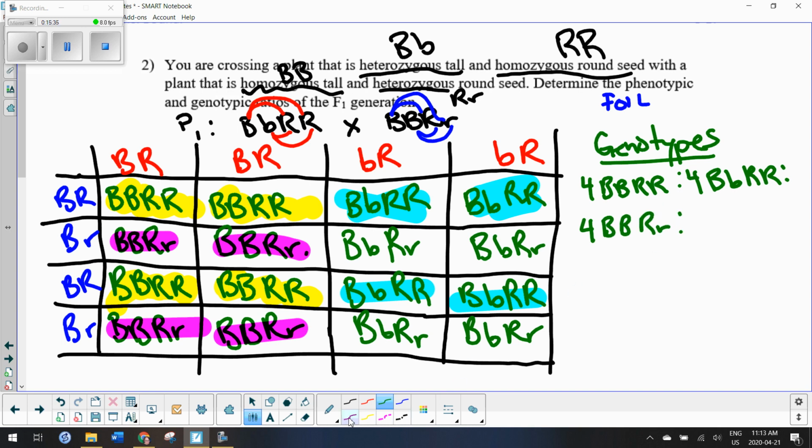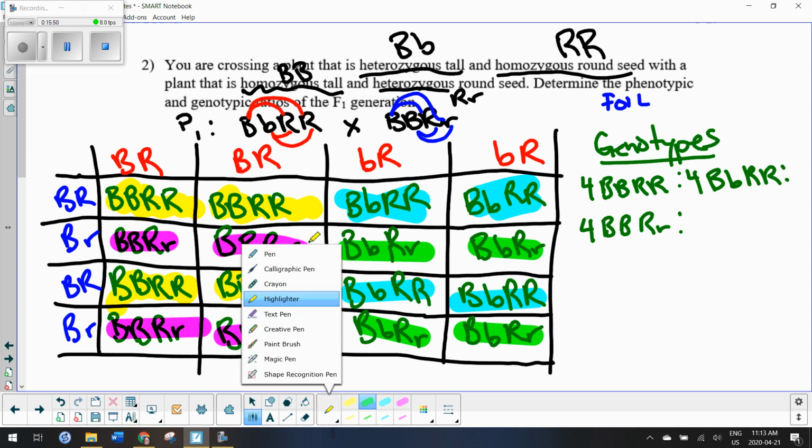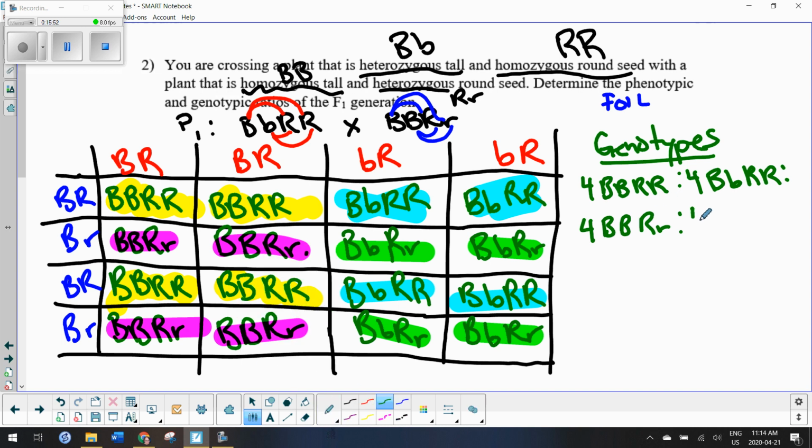And last but not least, you don't have to highlight these if you don't want to, but my OCD kicks in. Big, little, big, little, big, little. So I have 4 big, little, big, little.